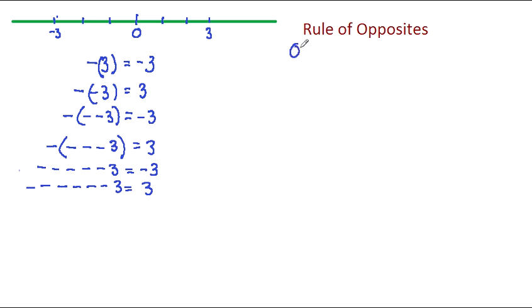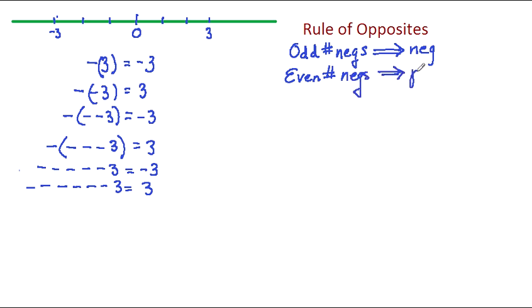So an odd number of negatives in front of a number result in a negative number. But an even number of negatives in front of a number seem to result in a positive number. And we can get a lot of mileage from this particular rule. In fact, we can pretty much add, subtract, multiply, and divide quite easily.